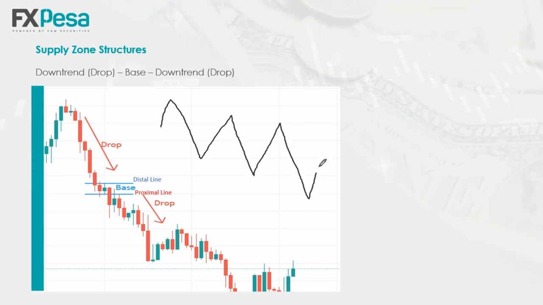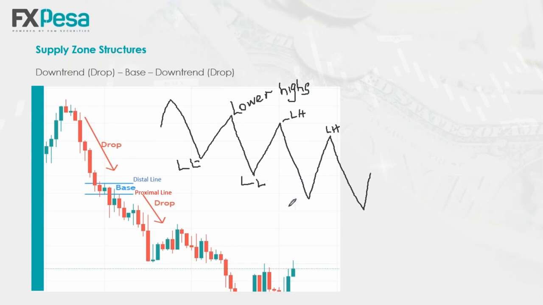So you will have formation of lower highs, so these are peaks and they are referred to as lower highs. The market will also form dips. So the dips are referred to as lower lows.